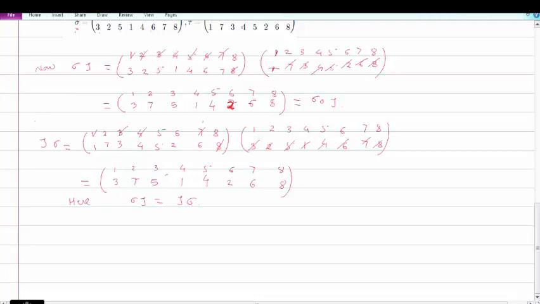So we note that if the cycles are disjoint, then they can commute with each other.